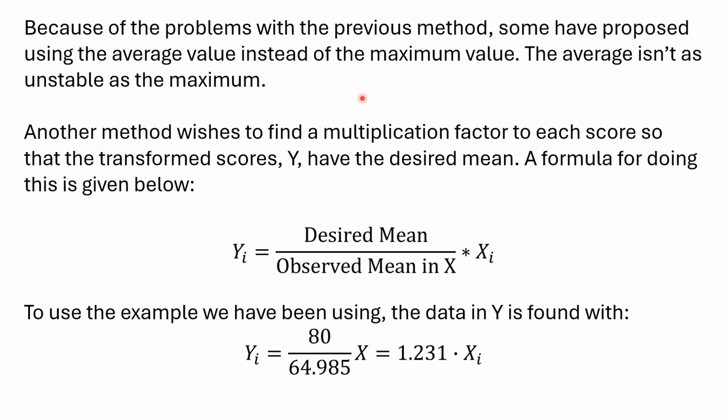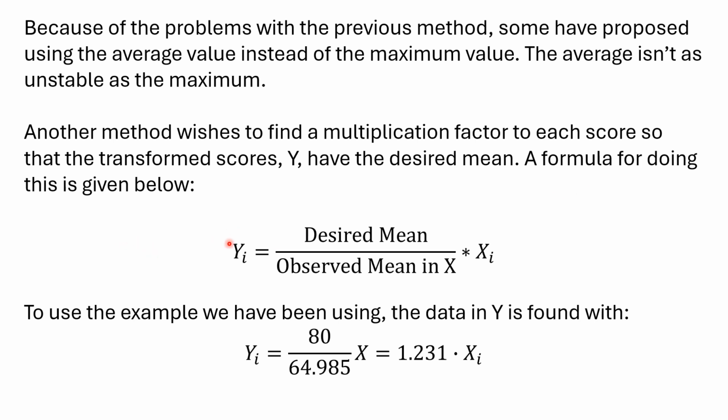Yet another procedure could be to find a multiplication factor to each score so that the transformed scores y also have the desired mean. So this is a little different than what we saw before. And why not mix things up a little bit? A formula for doing this is given below.